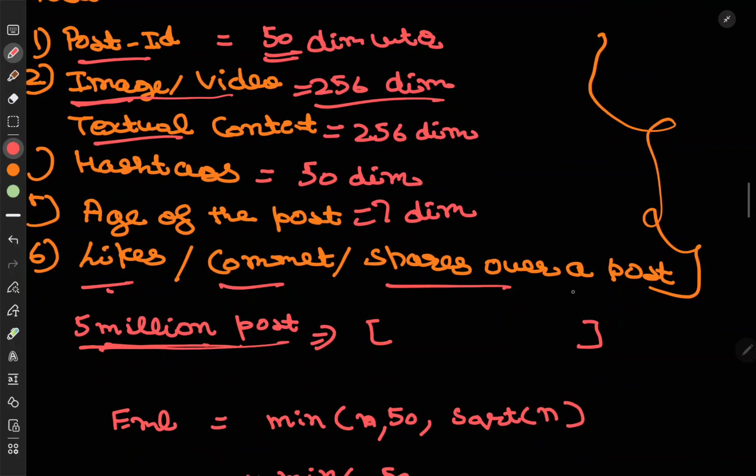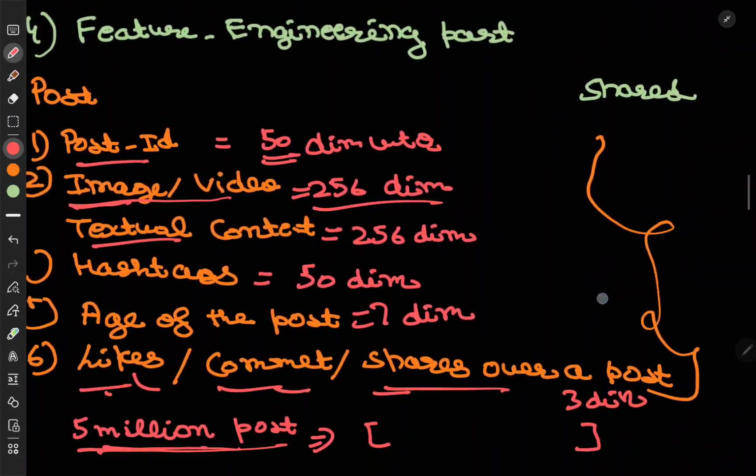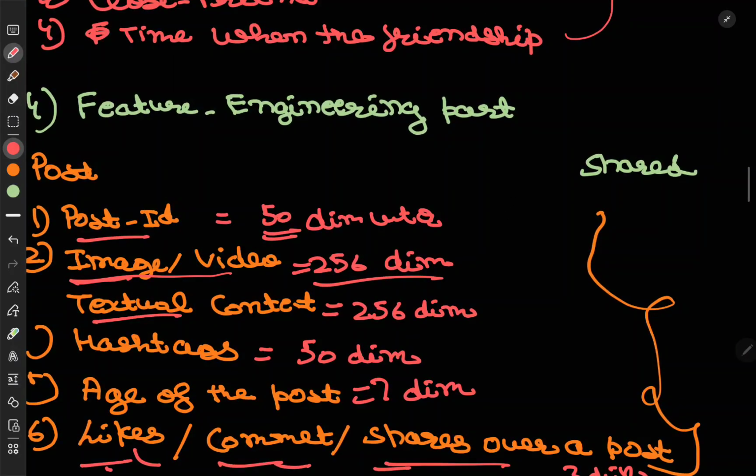Okay, so it could be just a three dim vector which represents the likes, comments and shares. Now once you concatenate all of them, this is how a particular post could be represented. And at the end, you see the post ID will be the one whose embeddings will be changed at the time of backpropagation.